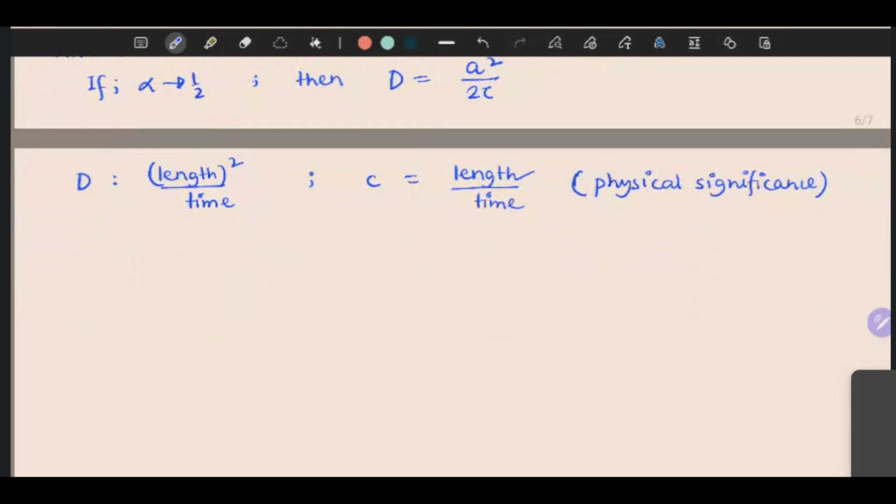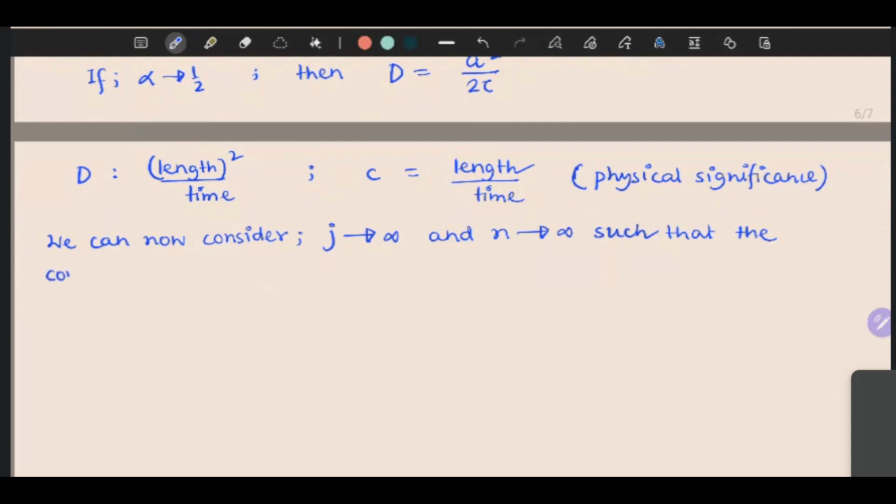Now since these are like continuum models, we can now consider j tends to infinity and n tends to infinity, such that the continuous variables x and t lead to the following equation.